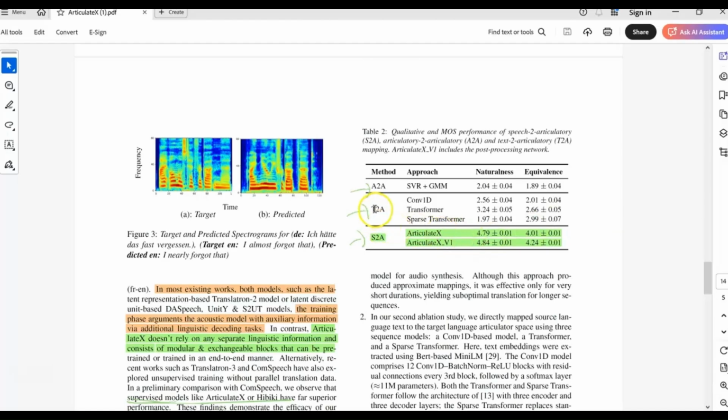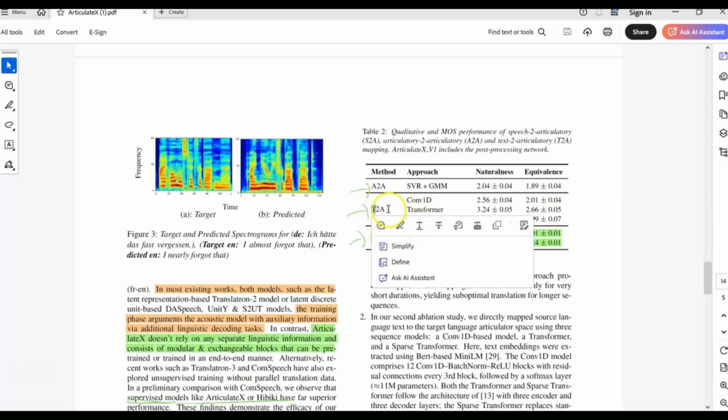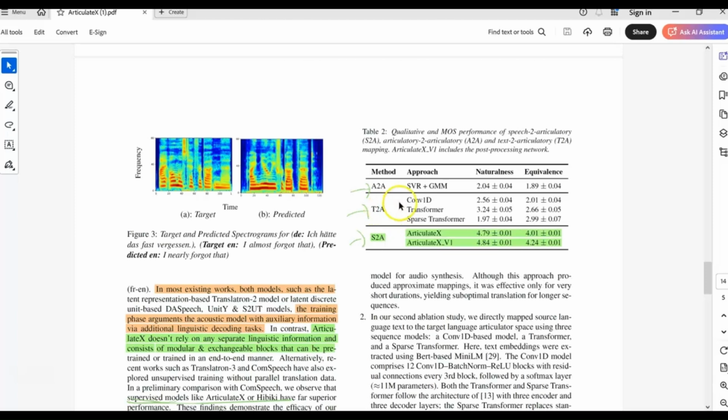And then here they're using the text in the source language to articulator in the target language, and they're giving you the results they get. And then this is what we have learned just now, going from speech in one language to the articulator in the second language. This is just showing that the configuration where you're going from audio in the source language to the articulator space gives you better results compared to these two configurations.